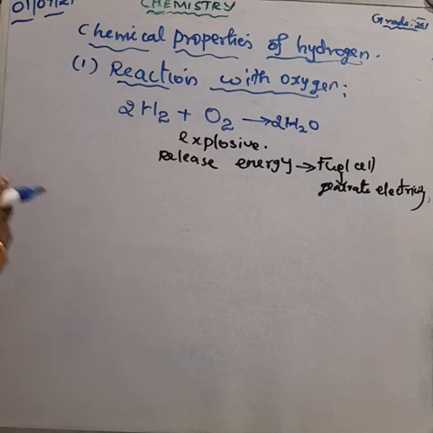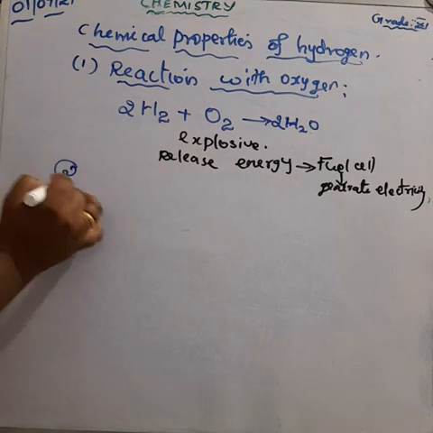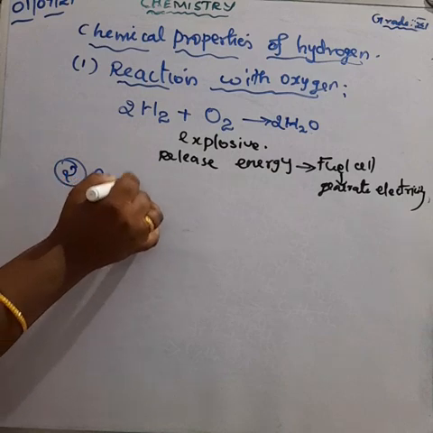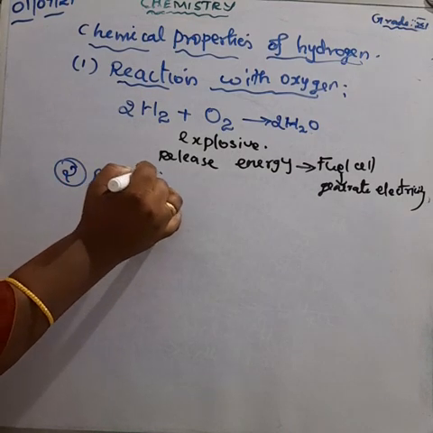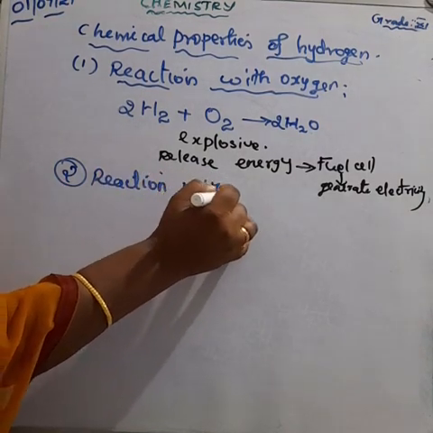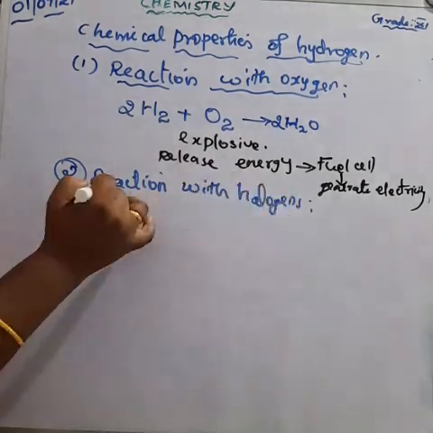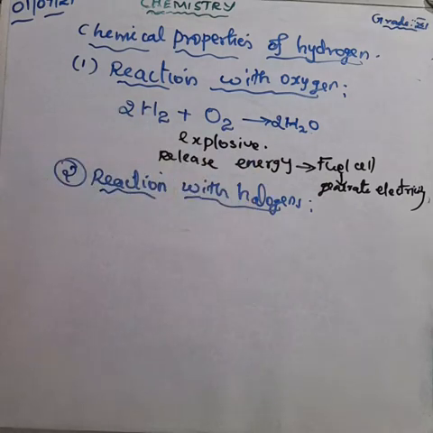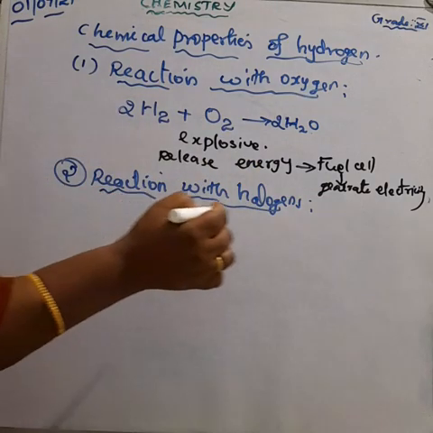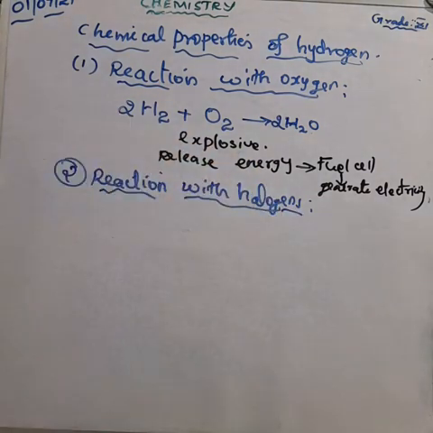Then, reaction with halogens. When hydrogen reacts with a halogen, it gives the corresponding halides.